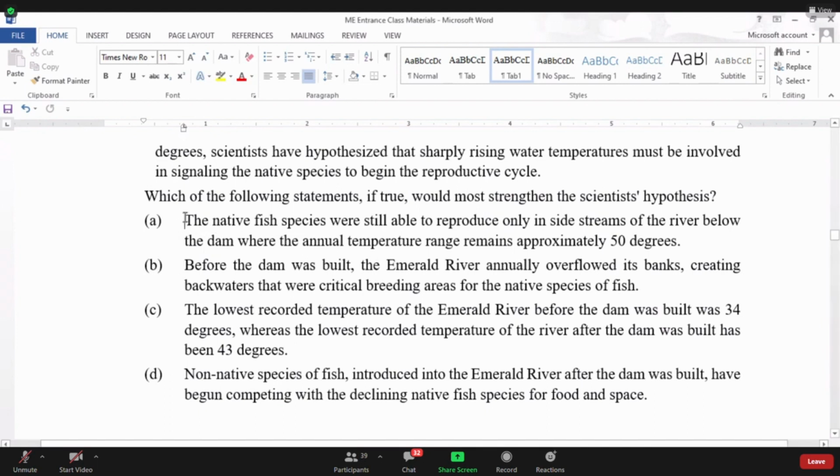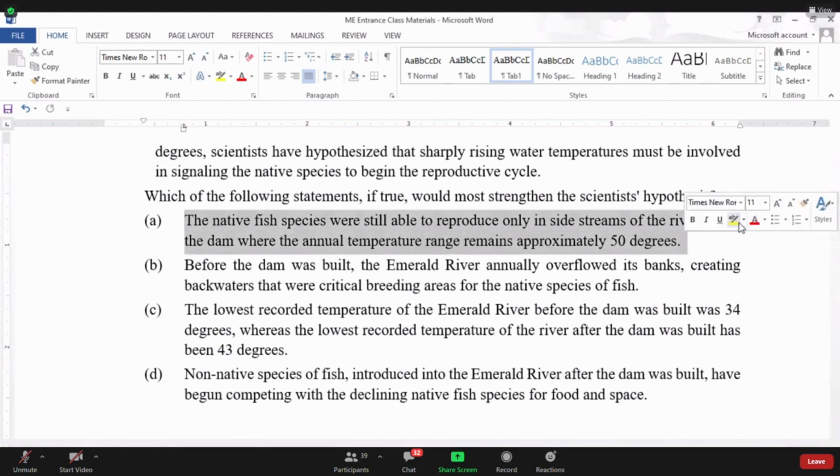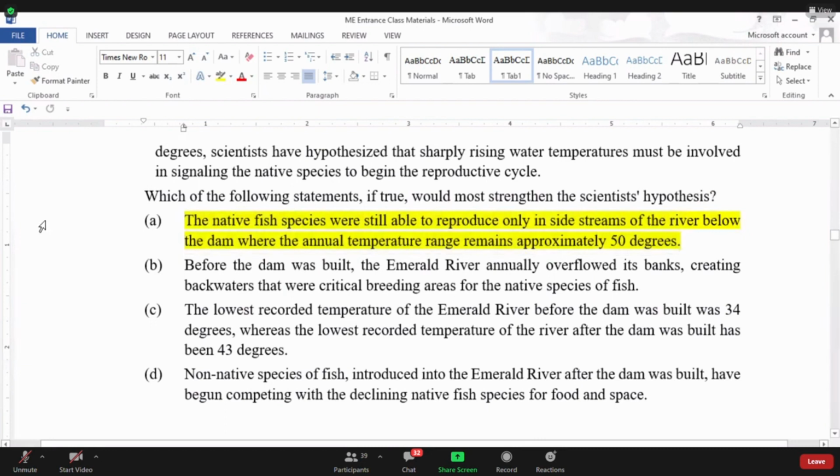This one, you select option A. Yes, sir. Okay, let others choose. Sagar A, Ravi A. Do you have any confusion? Okay, A is the right option. Does anybody have confusion? Tell me.